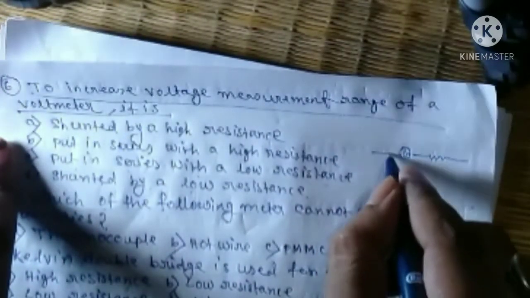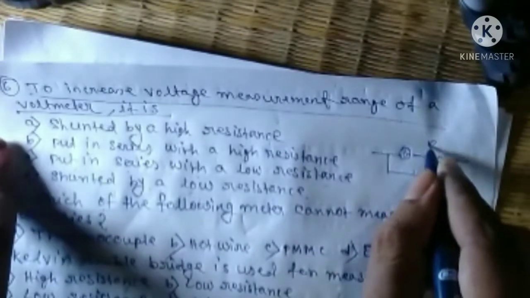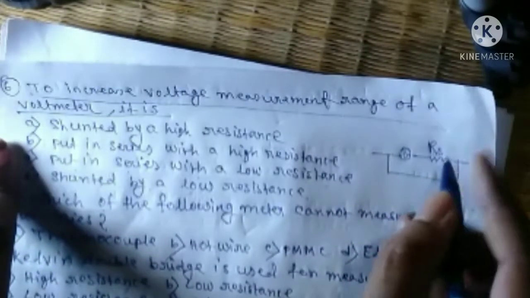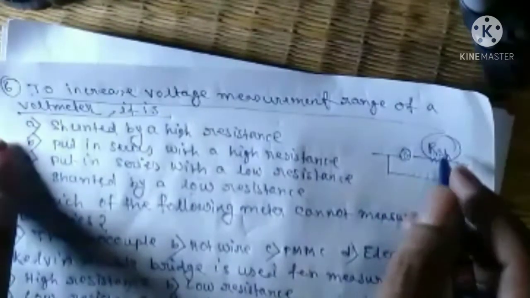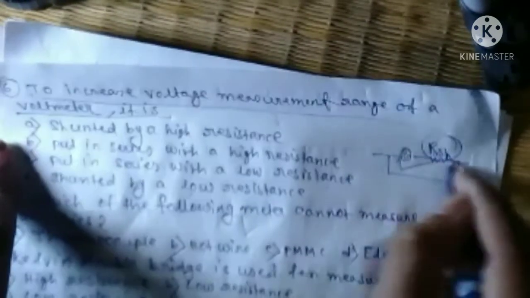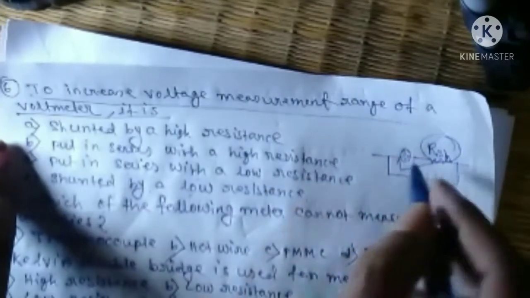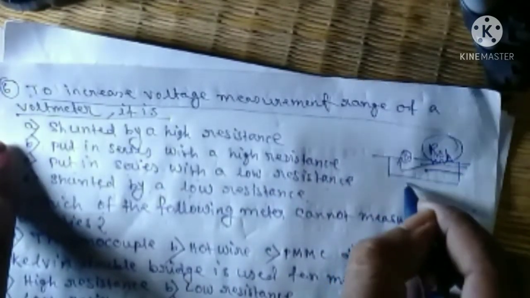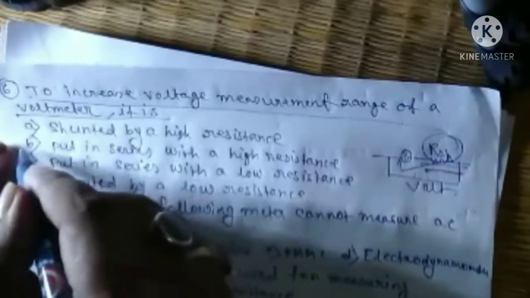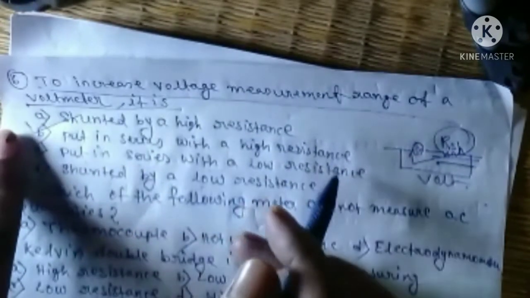A high resistance is used for the purpose of increasing the voltage range of a voltmeter. So we connect the resistance in series, and we make a voltmeter. So here the option is put in series with a high resistance.